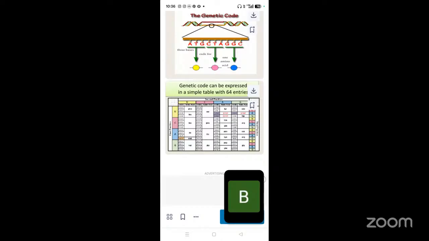Mainly, these can be used for protein synthesis. Protein synthesis is the process of the translation mechanism.